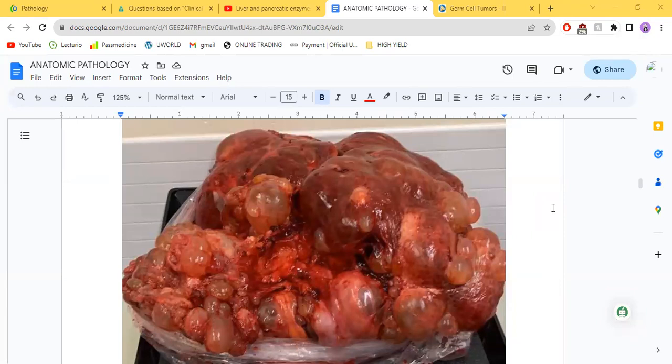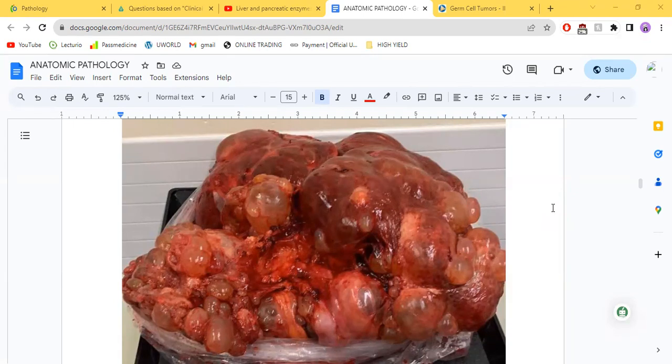What can we see grossly? Does this organ look cystic? Yes, so there are multiple cysts. Are there areas of hemorrhage and necrosis?